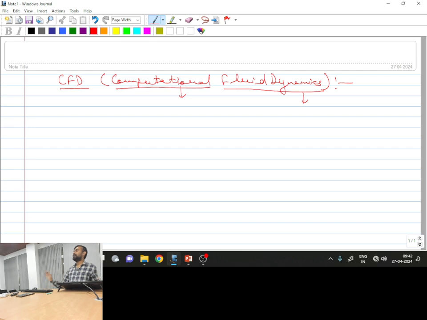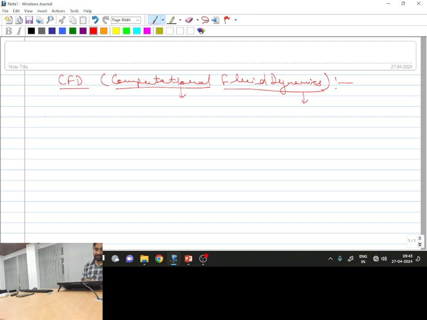So for any fluid flow or heat transfer problem, particularly whatever we are considering in our scope, we can assume that almost all the phenomena of fluid flow and heat transfer can be explained with the help of some mathematical equations which are called governing equations. Okay, and from our earlier knowledge, we know that typically the governing equations of fluid flow and heat transfer are in the form of partial differential equations. Okay, so this is something which we already know.